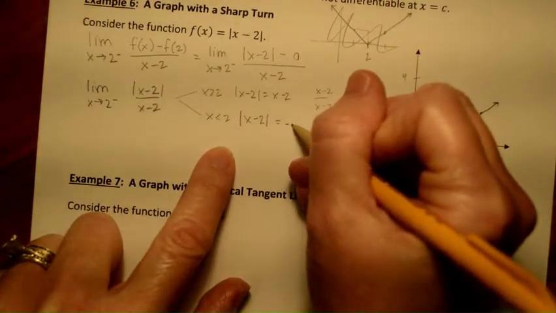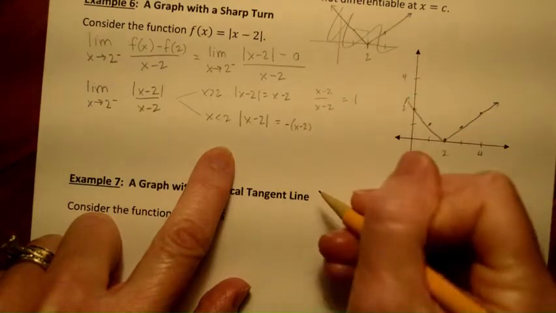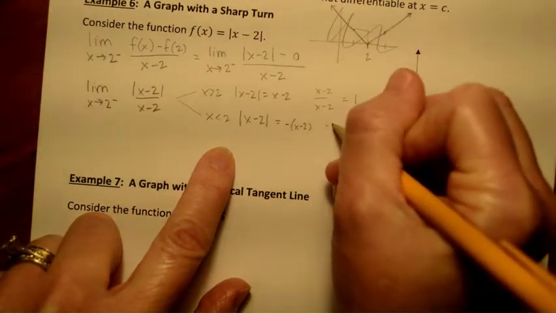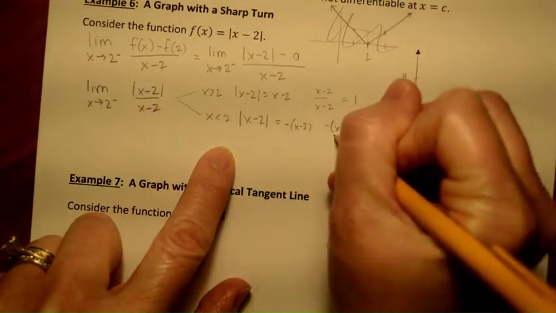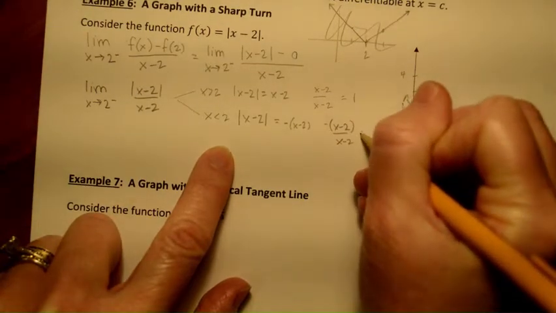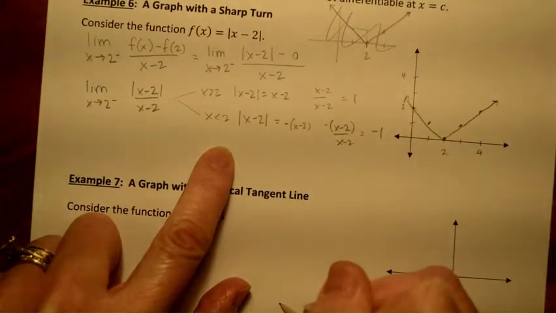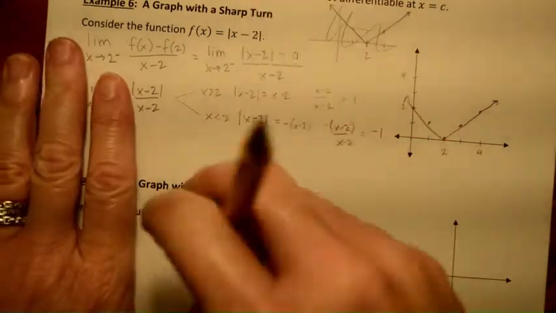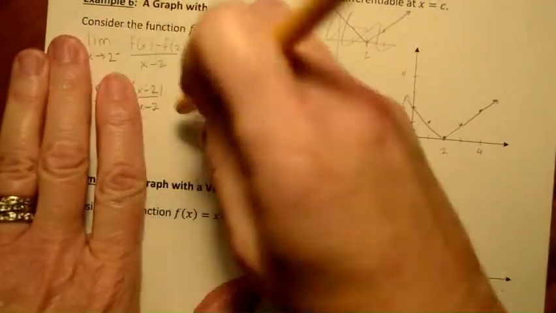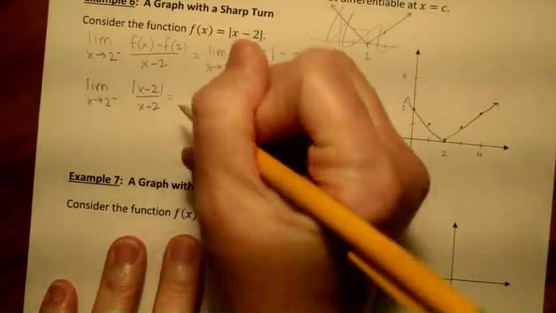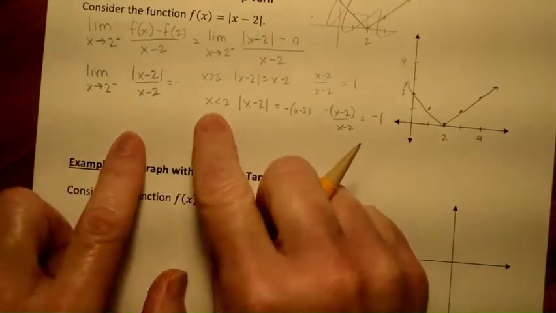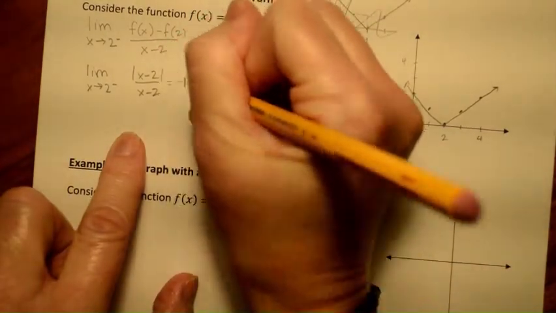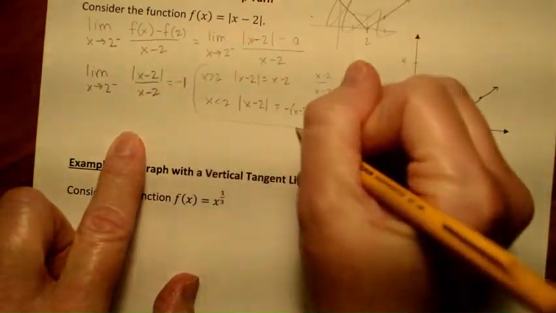So this is going to be the opposite of x minus 2. And when we do that, opposite of x minus 2 over x minus 2 is going to be negative 1. All right, so I'm going to put this not as a branch from here, but as an aside. And then we'll say, since we're coming from values less than 2, this limit must be -1. So this is an aside.